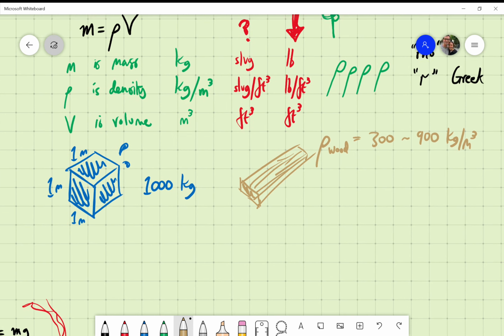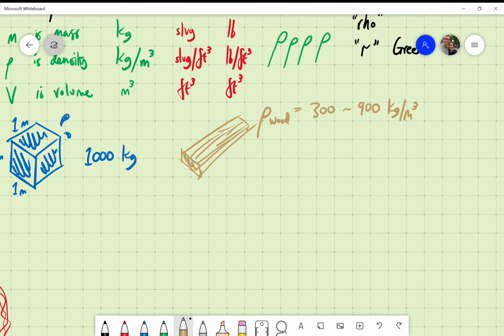What else do we have? We have steel. Steel is obviously very, very common in engineering. We build a lot of things out of steel.